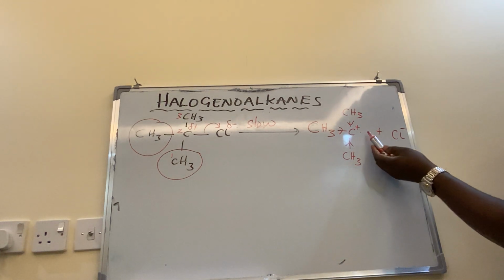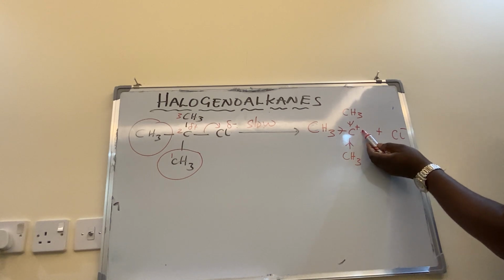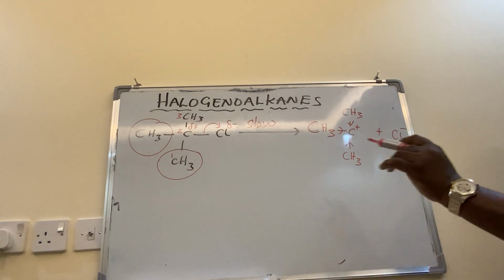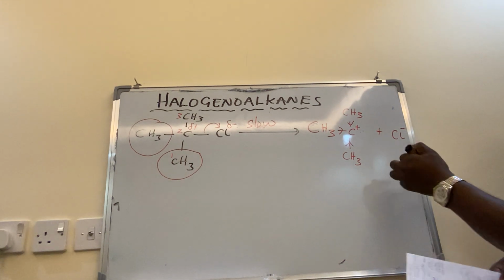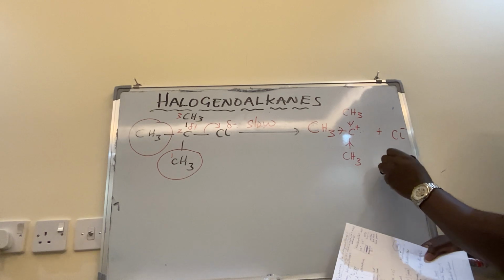So it tends to stabilize the intermediate carbocation so that it remains in solution for some time. That stability of the intermediate carbocation will actually encourage the hydroxyl to attack the intermediate carbocation. So our hydroxyl can now move on.